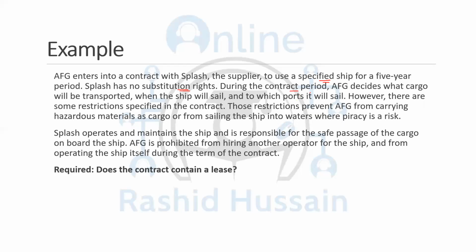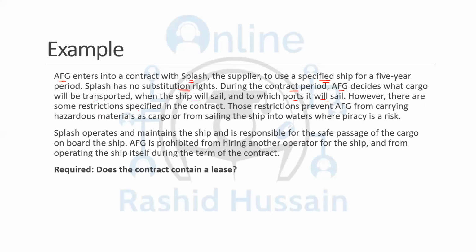During the contract period, AFG decides what cargo will be transported, when the ship will sail, and which ports it will sail. So the time, the goods, and the place is decided by the lessee, because AFG is the one who is getting the asset. So AFG is the lessee, Splash is the lessor. So lessee is deciding.